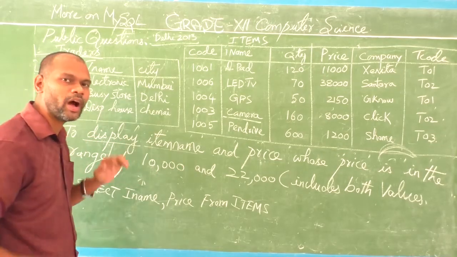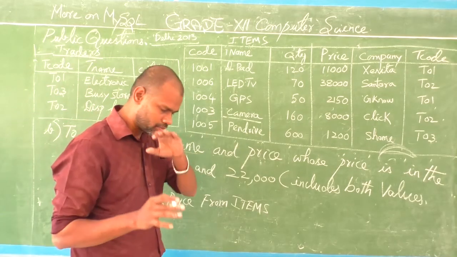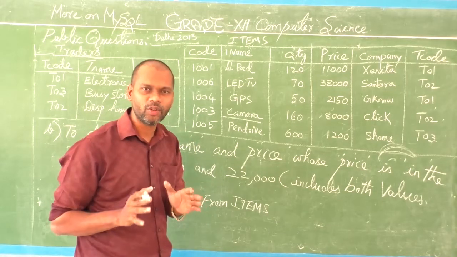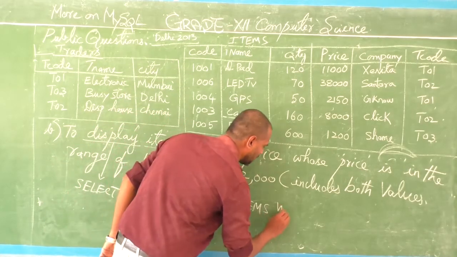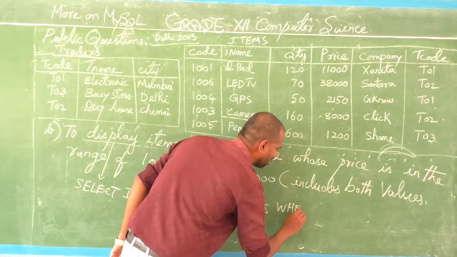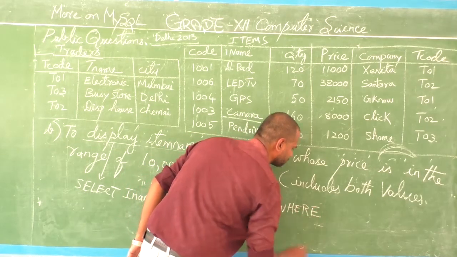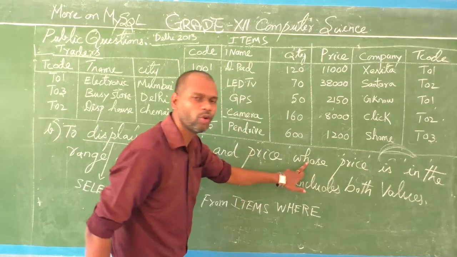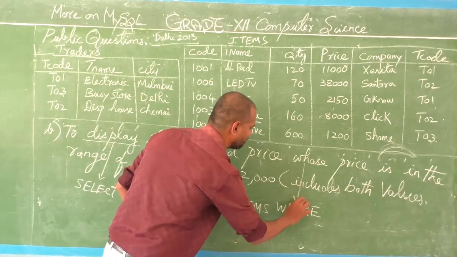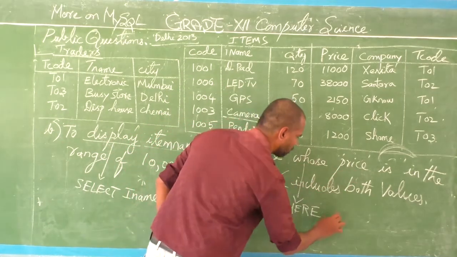So whenever you see a condition, simply you have to write where. Instead of whose, you can write where. What column? Price.